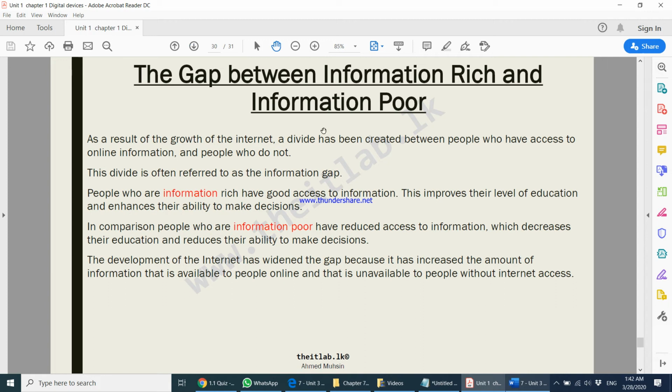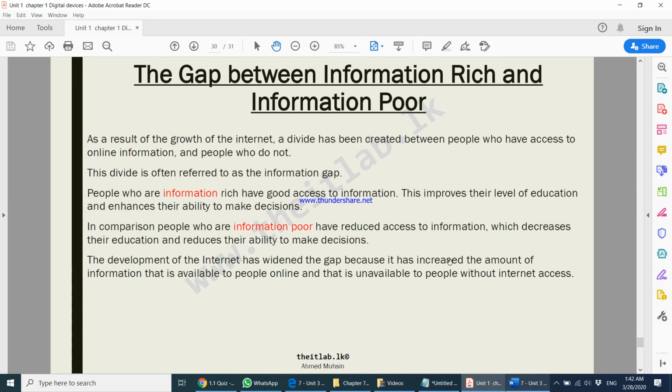Then there is also something known as information rich and information poor. Information rich and information poor is basically people who have access to the internet. They are information rich, and people who do not have access to the internet are known as information poor. Okay, so the same thing is mentioned over here. The development of the internet has widened the gap because it has increased the amount of information that is available to people online and that is unavailable to people without internet access.